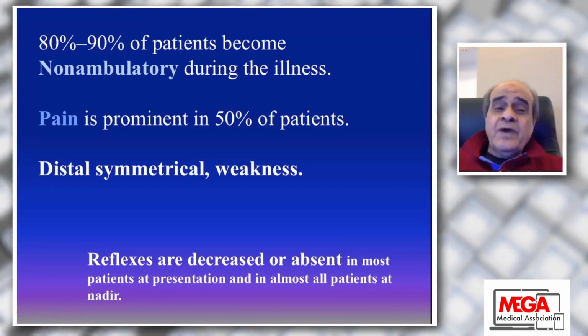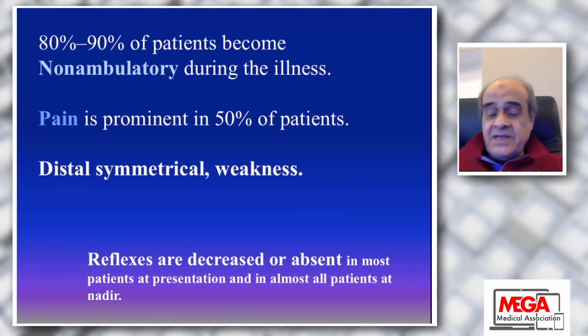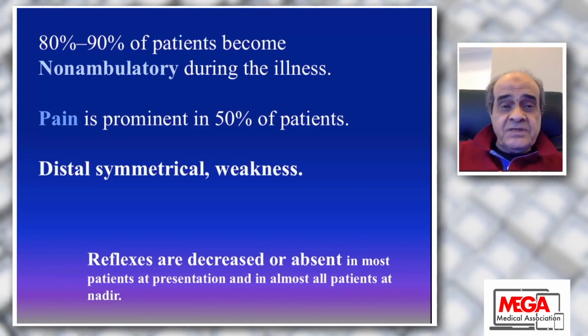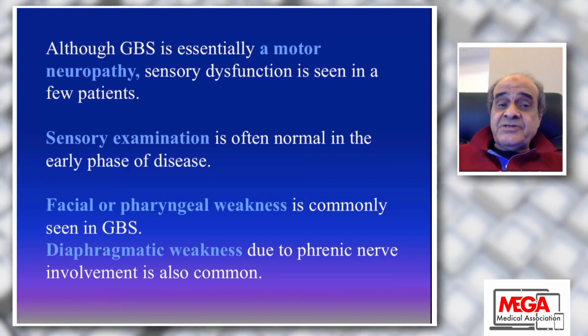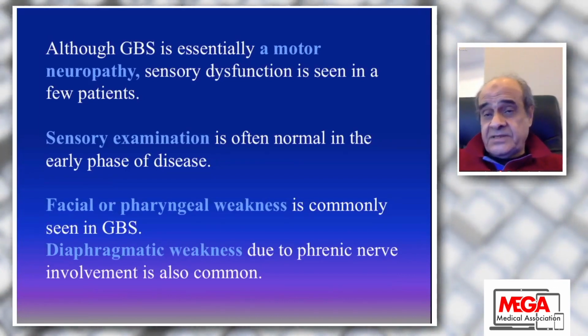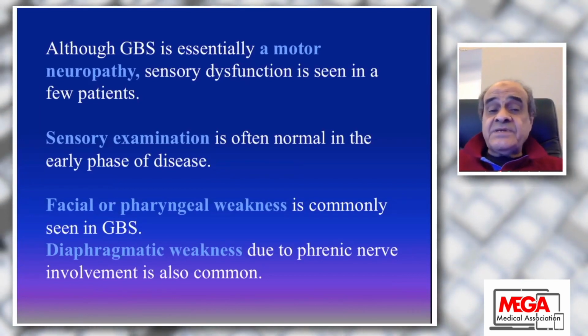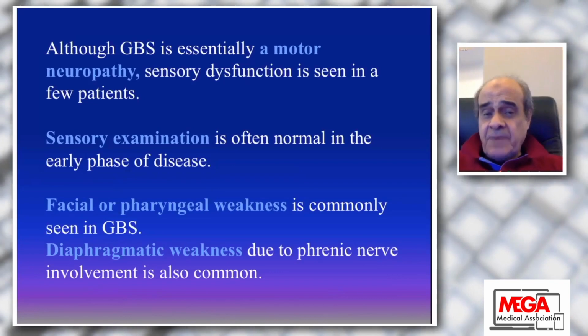No, in many patients we have a different figure of presentation, as we will see now. Although Guillain-Barré syndrome is essentially a motor neuropathy, sensory dysfunction is seen in few patients, and sometimes we see sensory manifestations only in very rare cases.